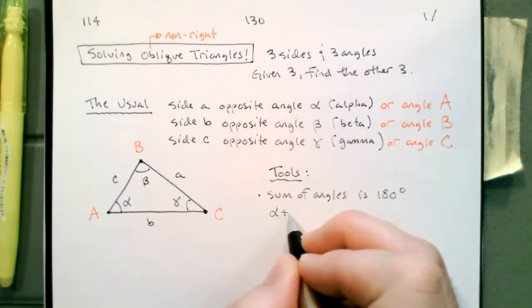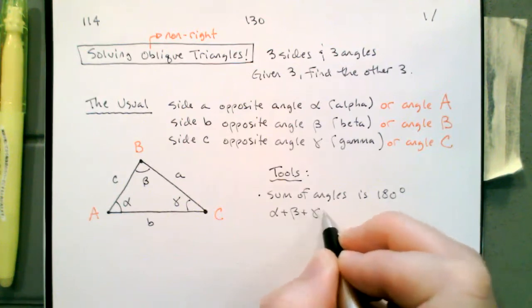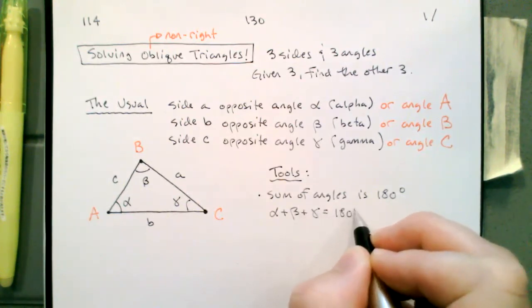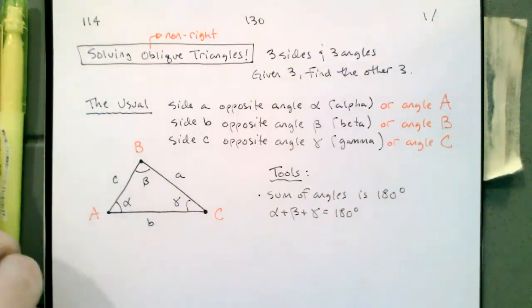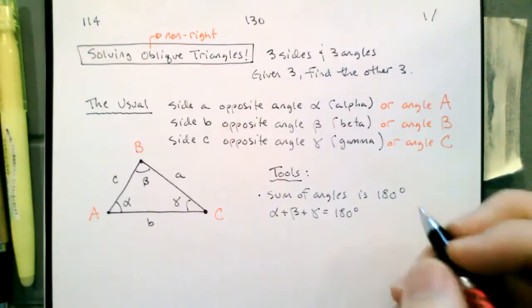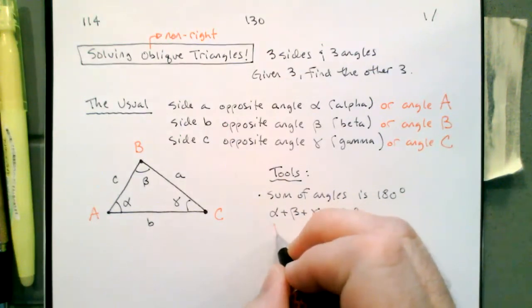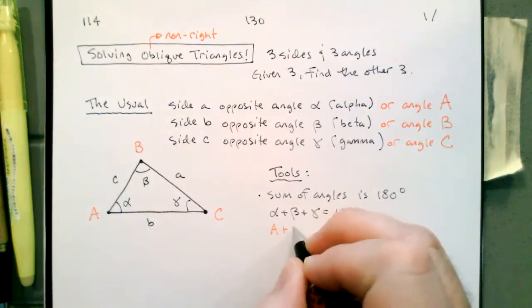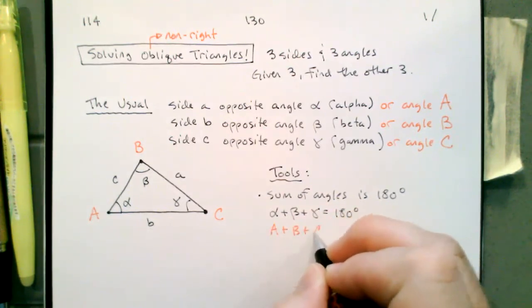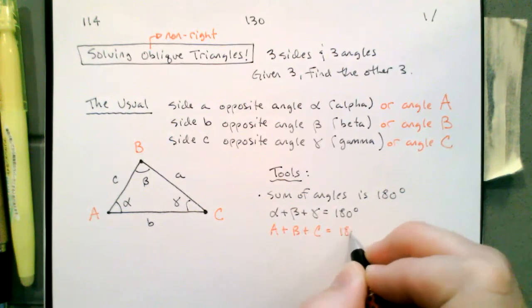So alpha plus beta plus gamma is 180. Or using the capital letter thing, capital A plus capital B plus capital C is 180 degrees.